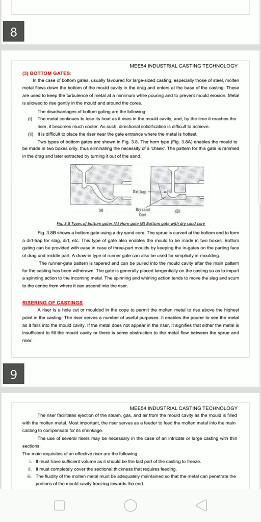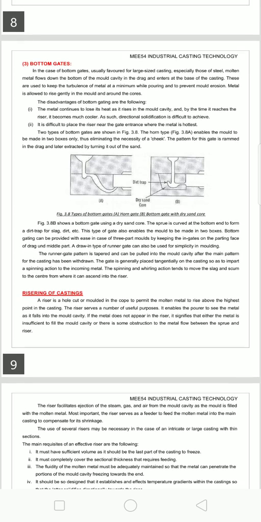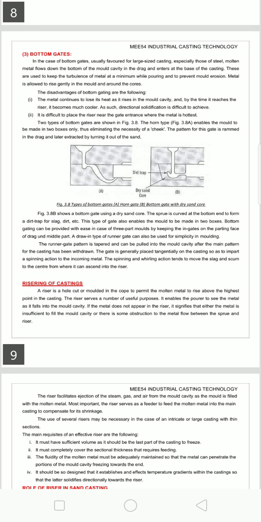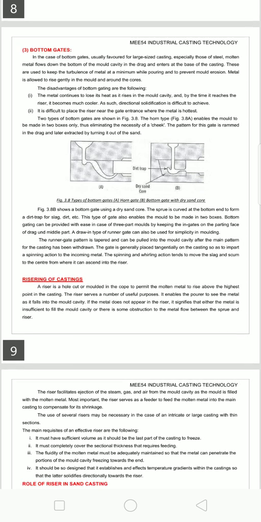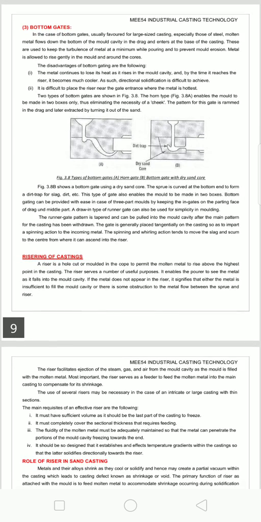Bottom gating can be provided easily in a three-part mold by keeping the ingates on the parting line of the drag and middle part. A drawn type runner gate can also be used for simplicity in molding. The runner gate pattern is tapered and can be pulled into the mold cavity after the main pattern for the casting has been withdrawn.